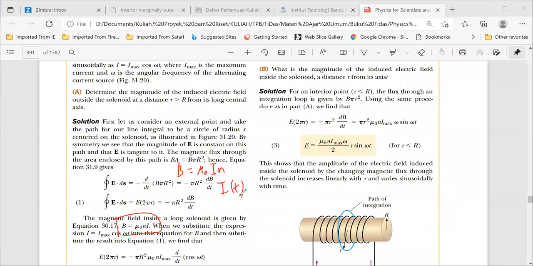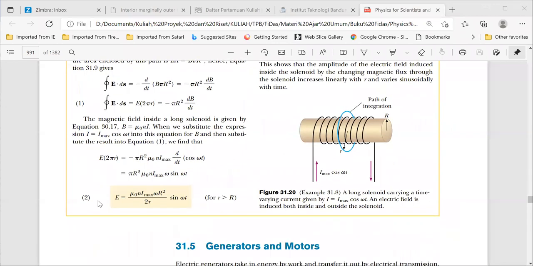So you will get that the induced electric field, if you use this result from above, you will get this. You will get that this E here equals this one, which is outside the solenoid.